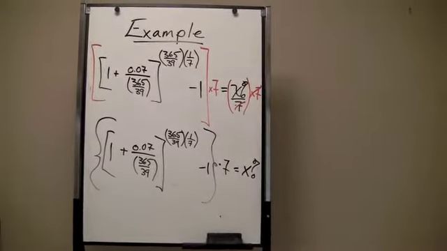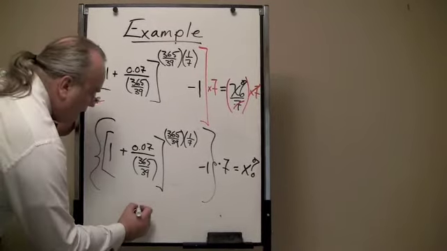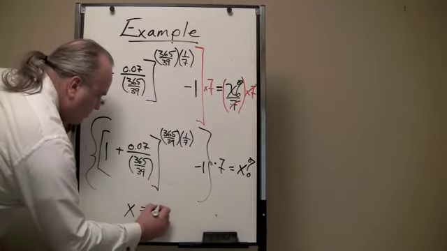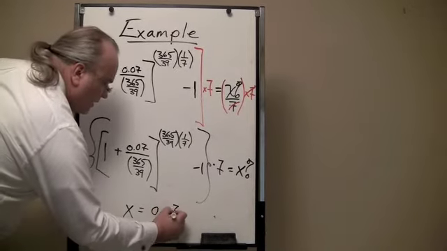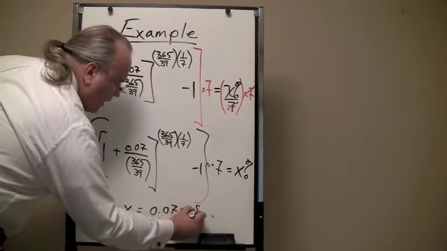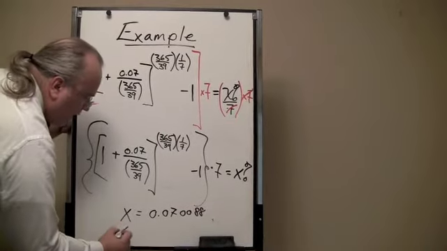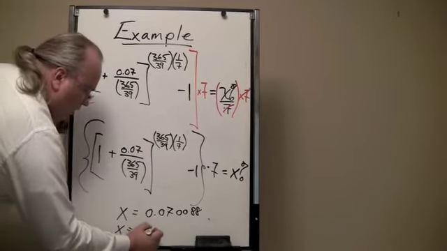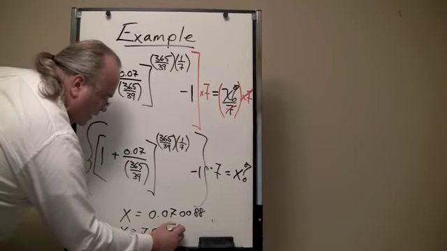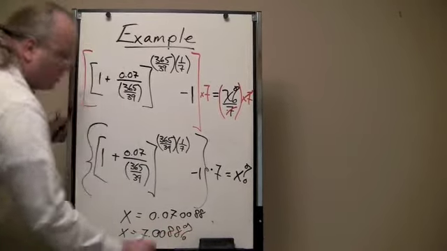When I work that out, I get that x is equal to 0.070088, or x is equal to 7.0088%.